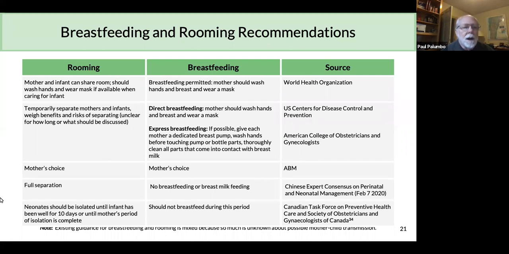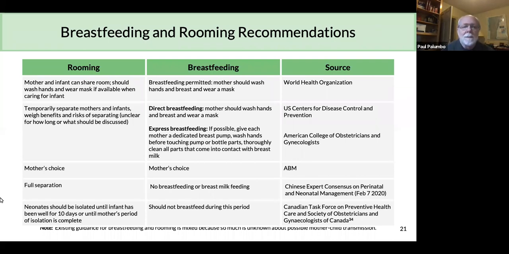There is another option of mother's choice, leaving the decision to the mother in consultation with her care providers. The most aggressive approach is full separation of mother and newborn with no breastfeeding or breast milk feeding.